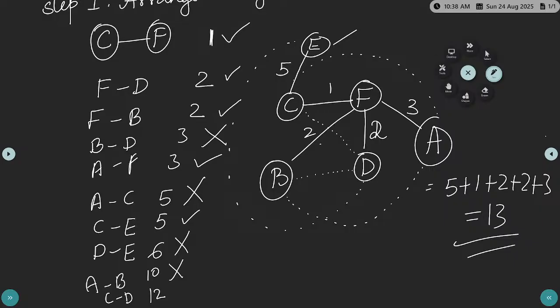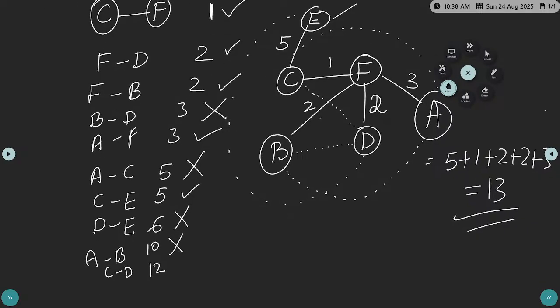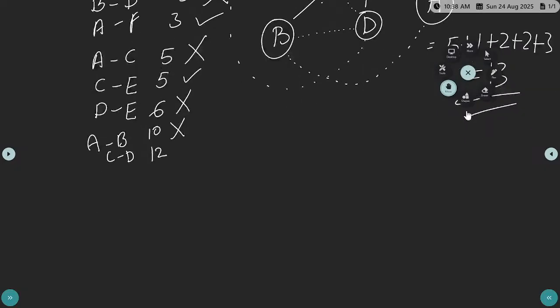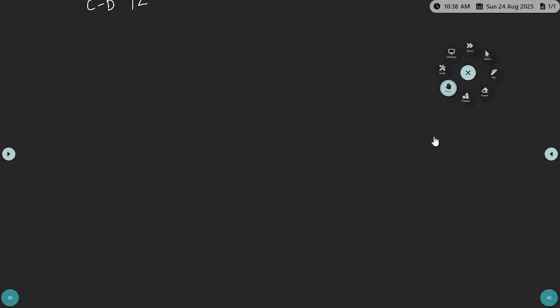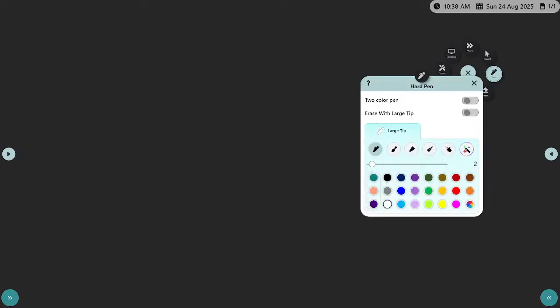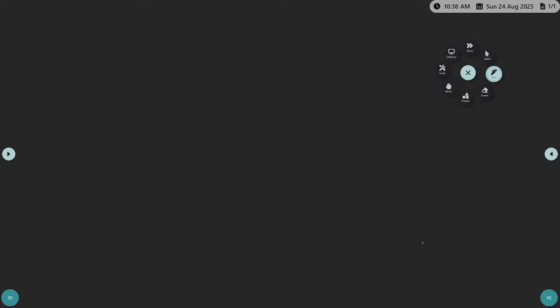Take down the question. Construct minimum cost spanning tree using Prim's algorithm. Stop talking.